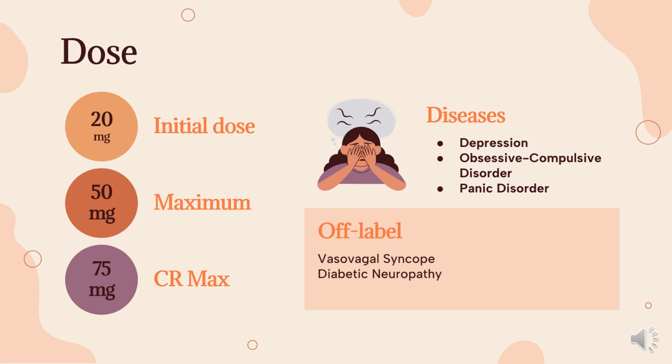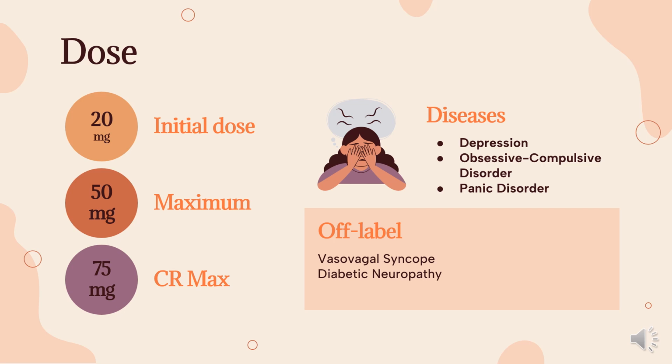Premenstrual dysphoric disorder. Paxil CR, 12.5 mg PO/day initially, may increase at 1-week intervals, not to exceed 25 mg per day. Menopausal vasomotor symptoms. Brisdelle, indicated to treat moderate to severe vasomotor symptoms associated with menopause. Brisdelle, 7.5 mg PO at bedtime.